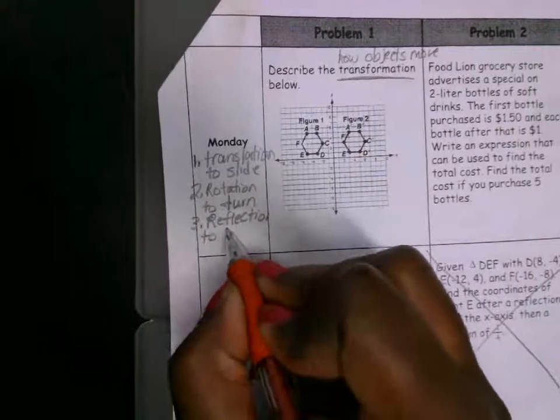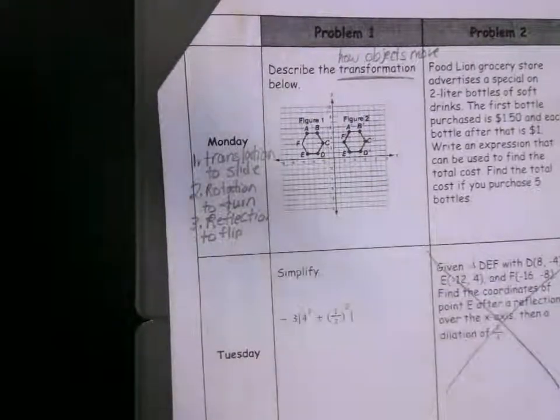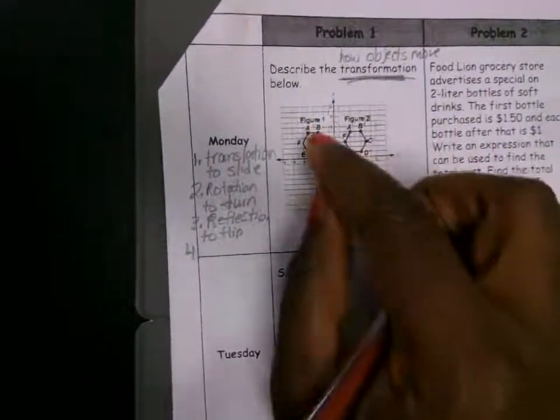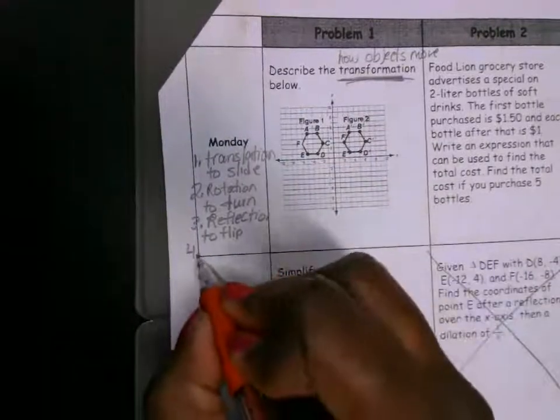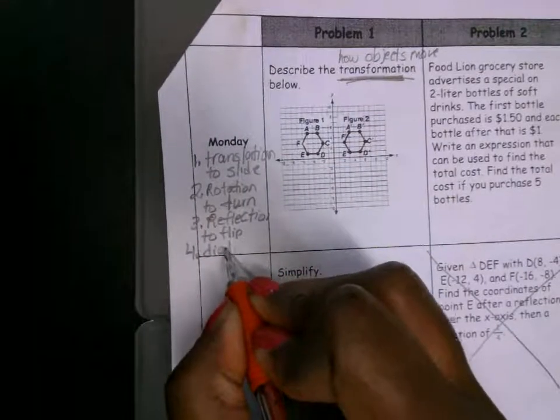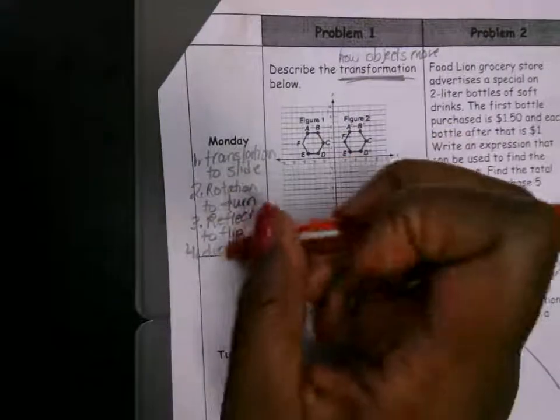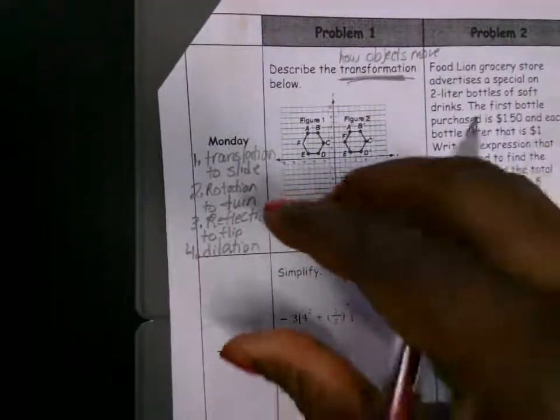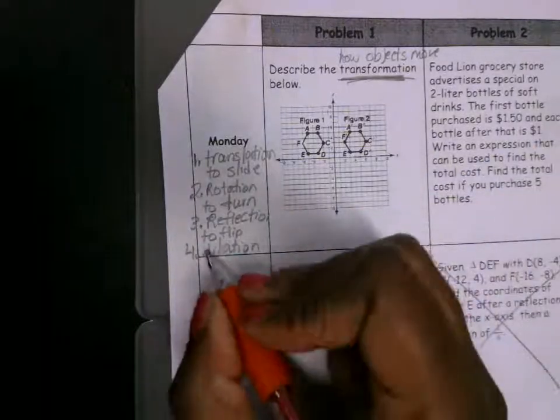And reflection, again, is to flip. And the fourth kind of transformation that an object can do on a coordinate plane is to dilate. It's dilation. Sorry, I spelled that wrong. And dilation is to get bigger or smaller.